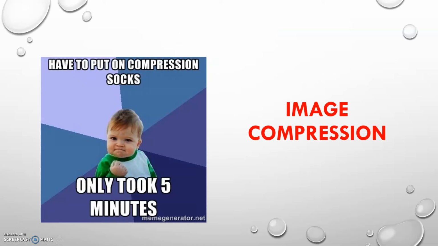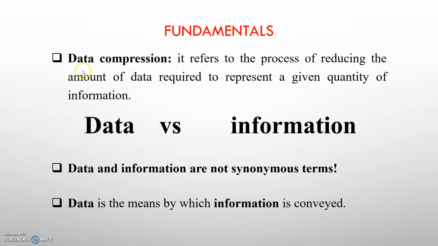So let us come to this thing where it is written data compression. I have said this to you, right? So try to read it and just draw a parallel with what I said. Data compression refers to the process of reducing the amount of data required to represent a given quantity of information. So that is the concept of data and information.